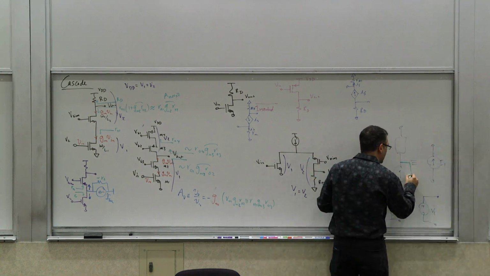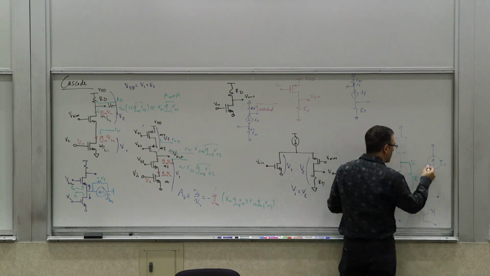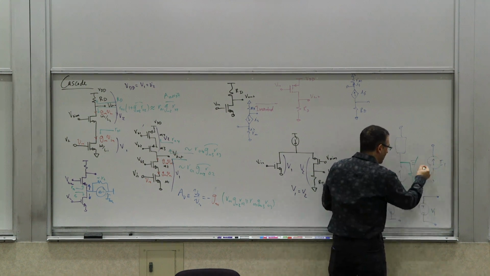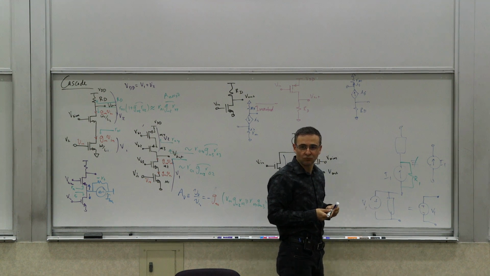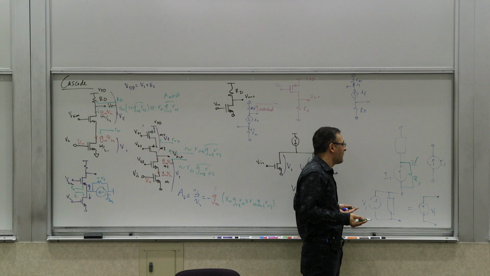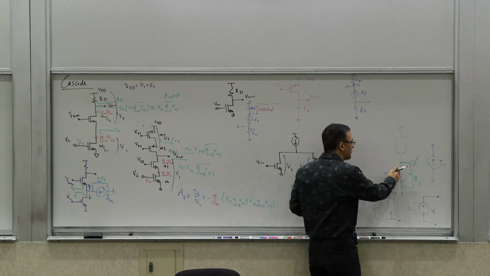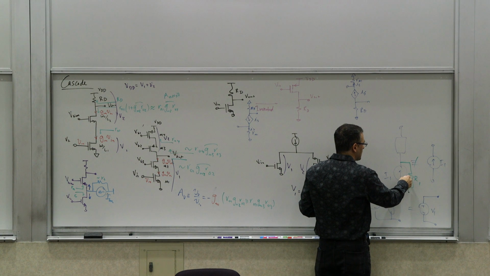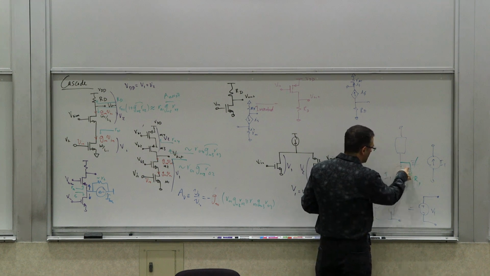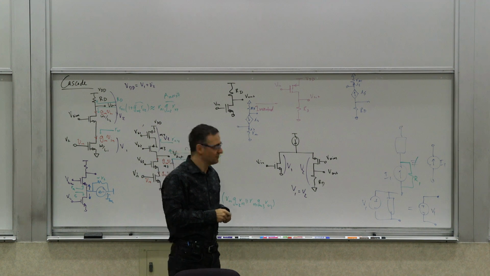Now, if this is not an ideal current source, it has some R1, then of course this is not equivalent to that. There's a Norton equivalent for this, which you can calculate, and it will have some finite resistance, which basically will appear when you set it up in small signal. What you see is this gone. It's this plus that, right?